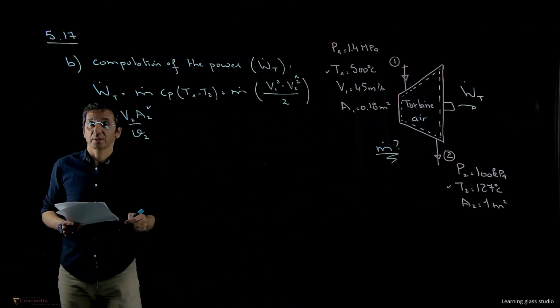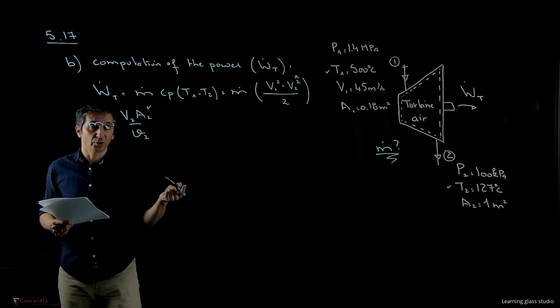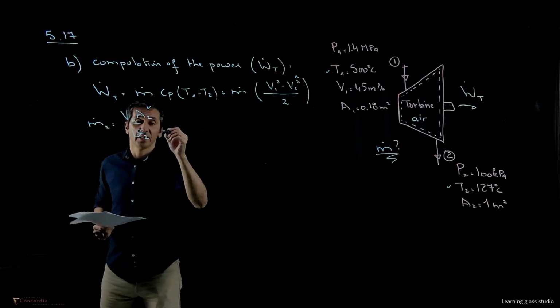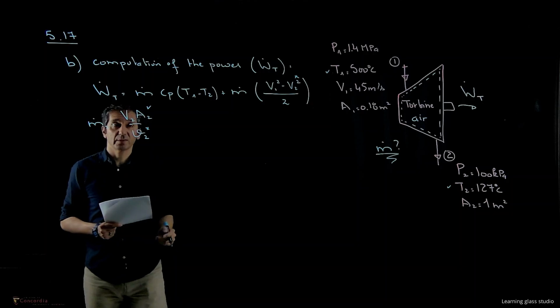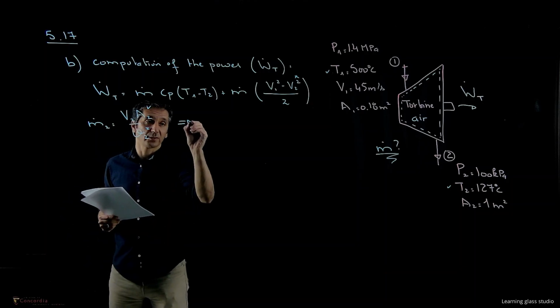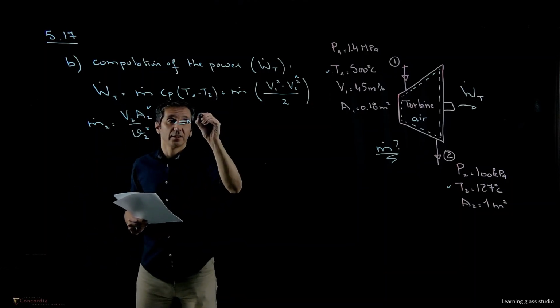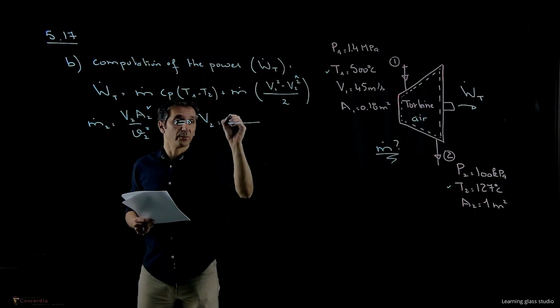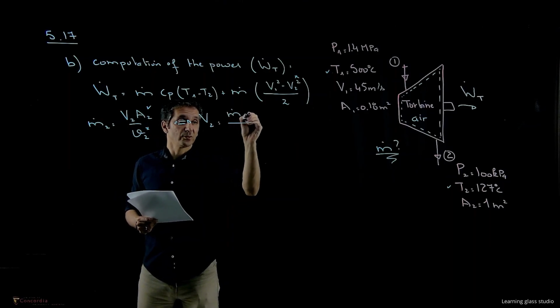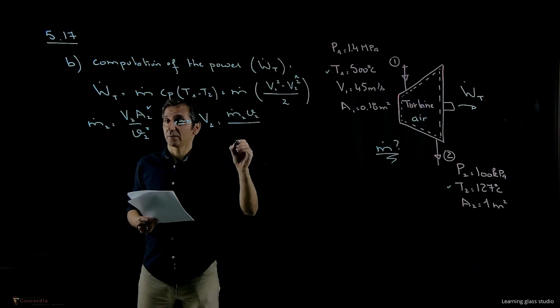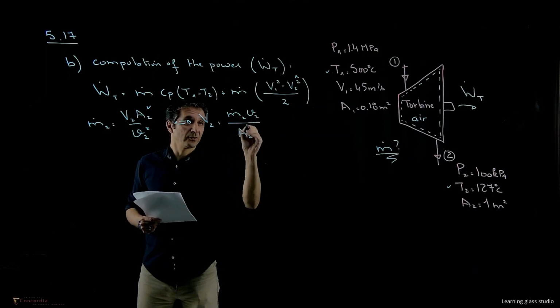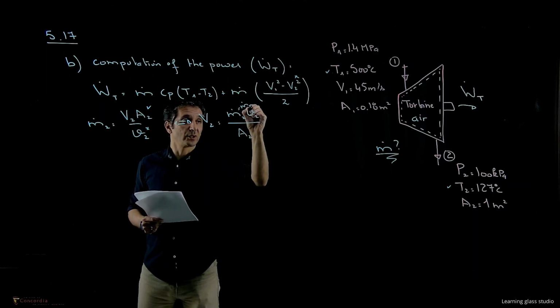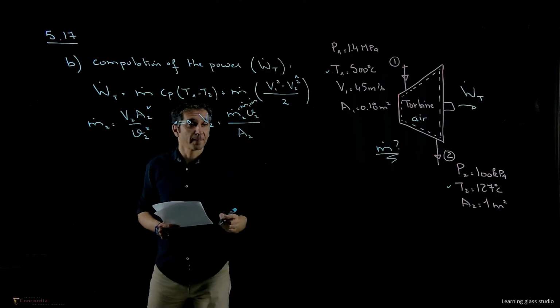We calculated it. So we have to get the specific volume in this case. So our V2 is equal to m dot 2 times v2 over A2, and this m dot 2 is equal to m dot 1, which is m dot.